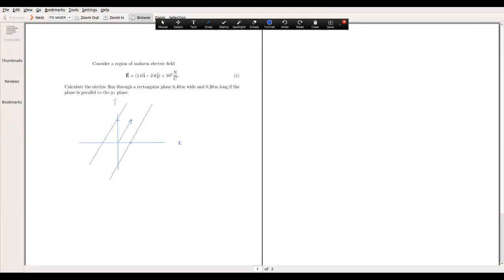Okay, everywhere we have electric field, and I'm trying to keep it equidistant as much as I can. And that represents uniform electric field lines.